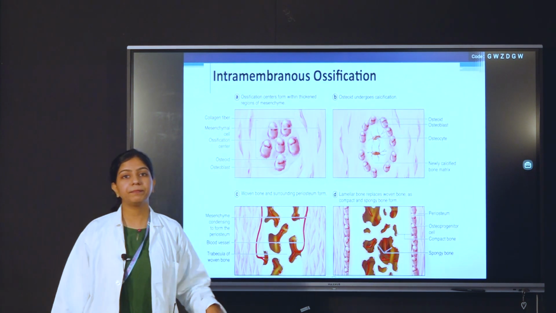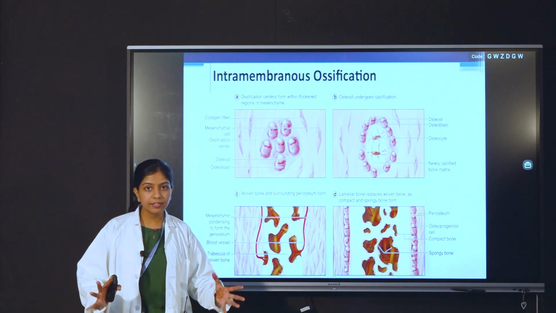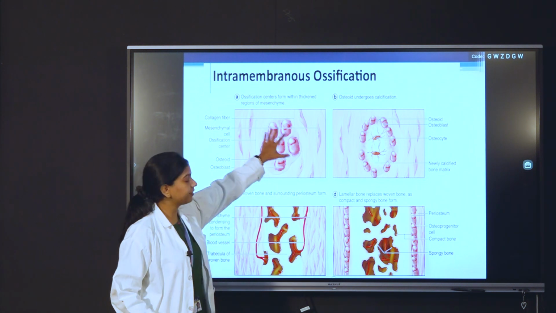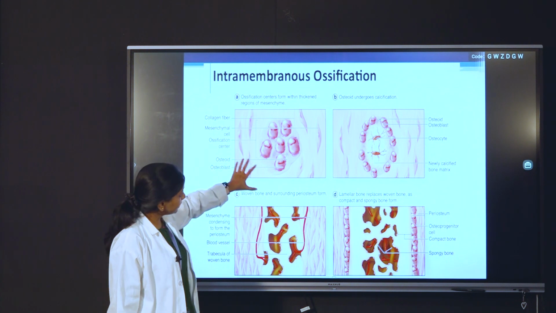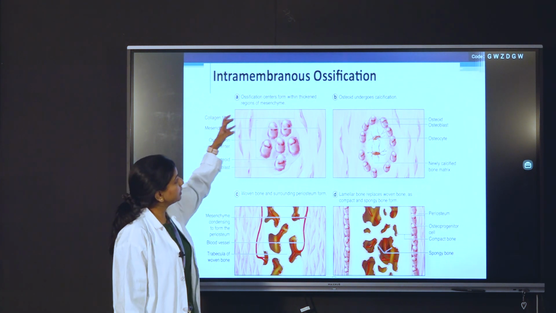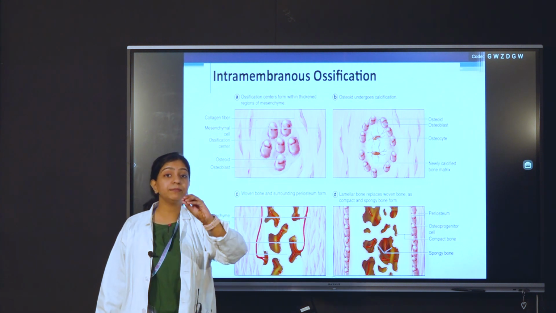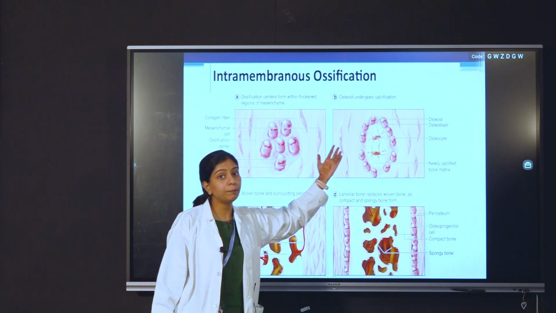So how does intramembranous ossification occur? As we know, bone is a mineralized connective tissue. Before mineralization occurs, there is only connective tissue, that is, mesenchymal tissue is present. When blood vessels proliferate into the center of the mesenchymal tissue, some of the mesenchymal cells in the center differentiate into osteoblasts.